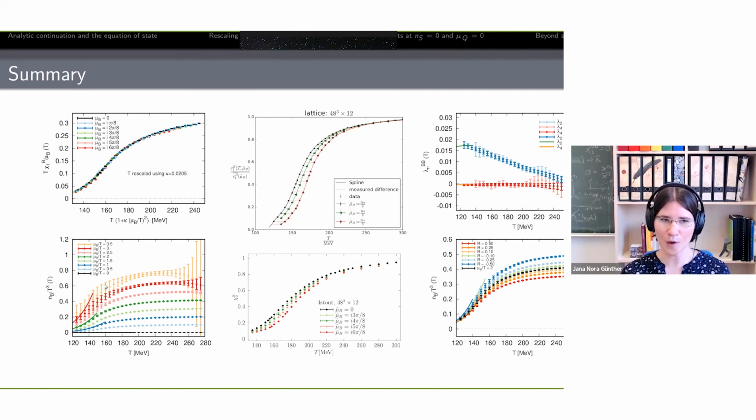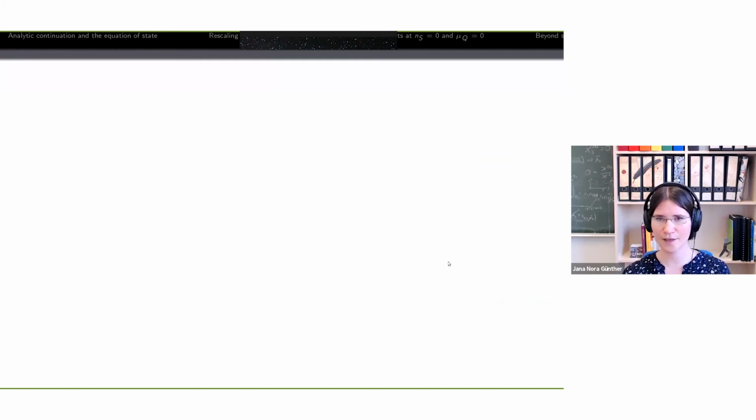And then we go the step away from the strangeness neutral line by adding also strange observables. And this was the second to last plot I showed you: the baryon density at various values of our R coefficient. So thank you for your attention.